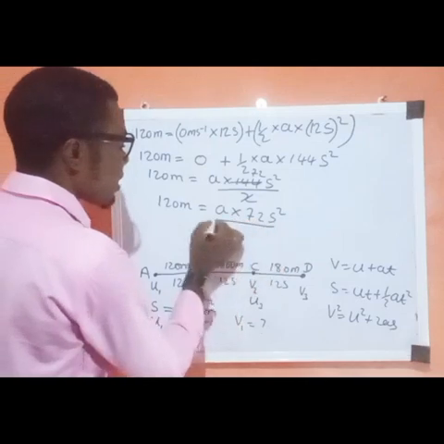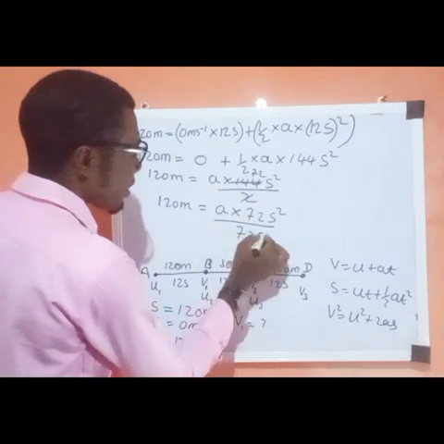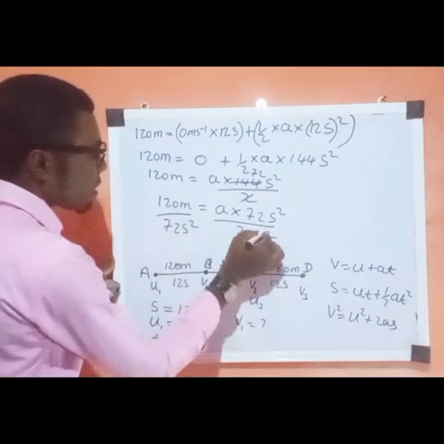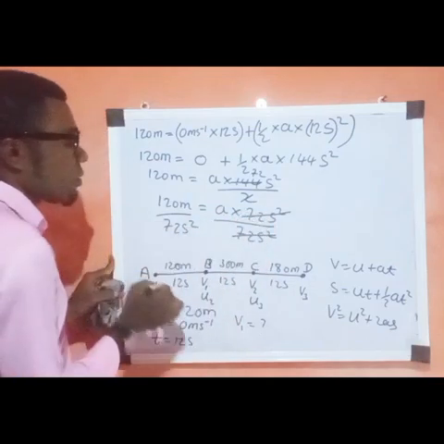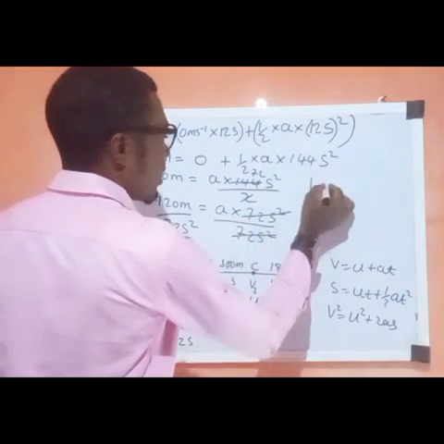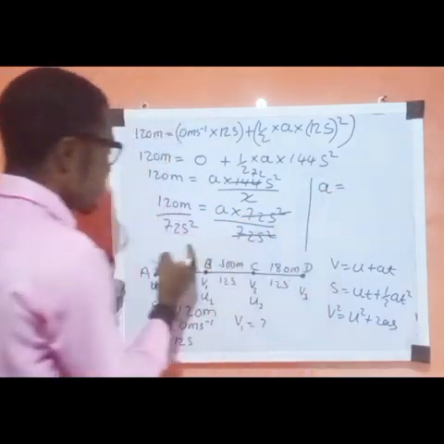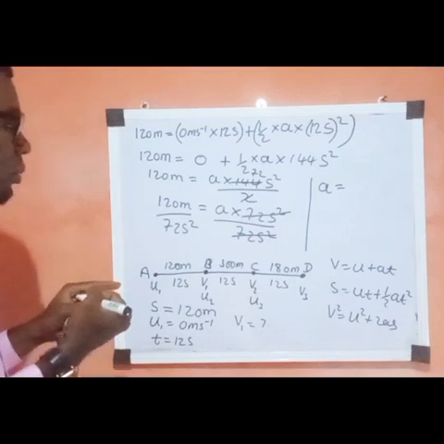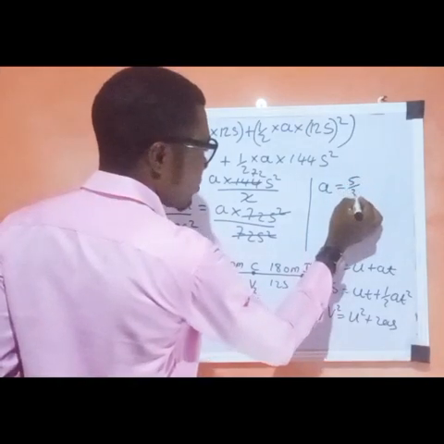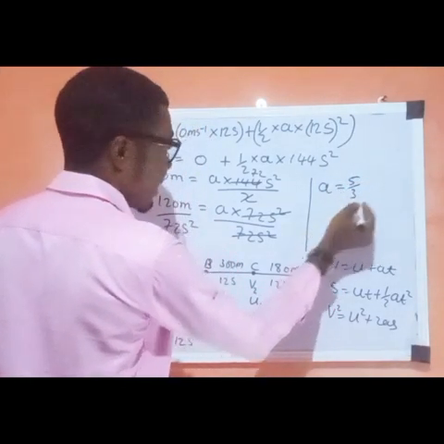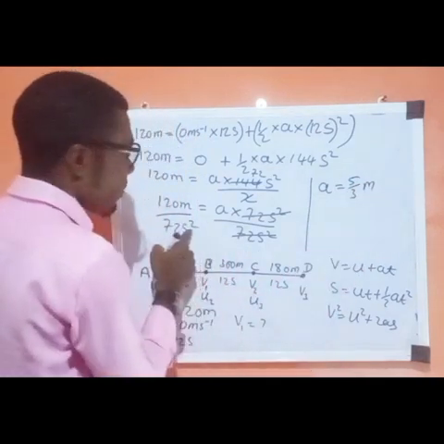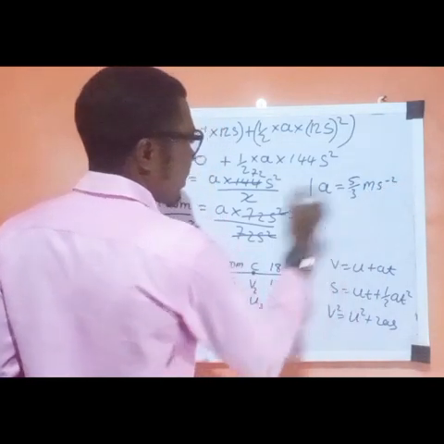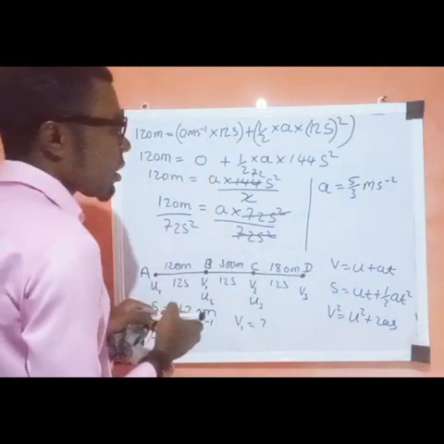We divide both sides by 72 seconds squared. 72 seconds squared will cancel 72 seconds squared here, so that A is equal to 120 over 72, which is equal to what? 5 over 3. I don't want to put it in decimal sense. That is not the final answer. Meters over second squared, that is meters per second squared. That is our acceleration, 5 over 3 meters per second squared.